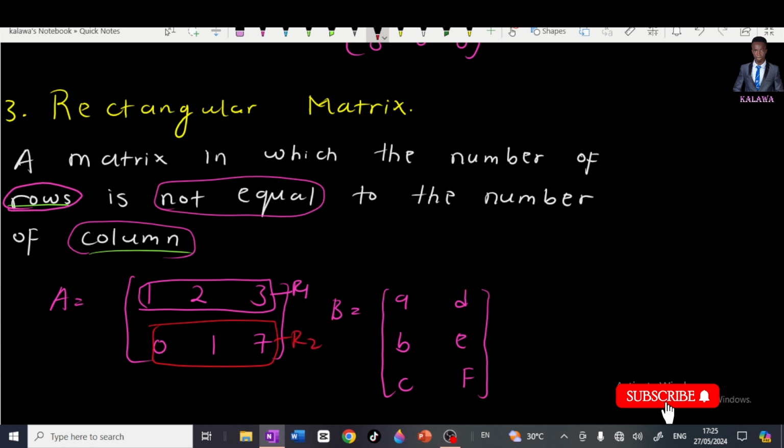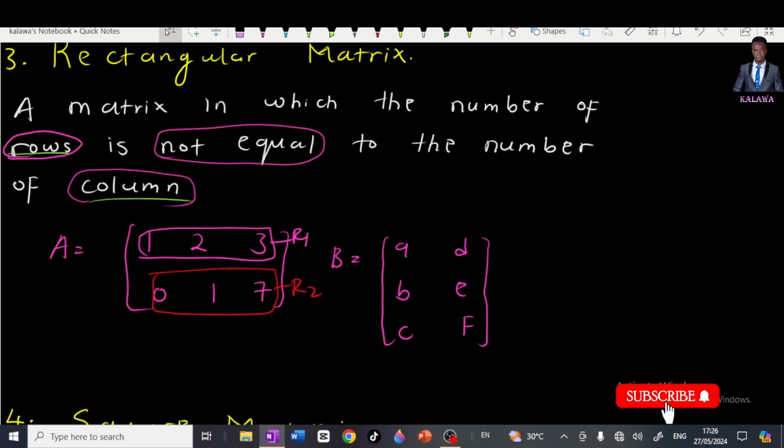This is 2 rows. And remember the form of a matrix: it is always the row multiplied by the column, not the other way around. So we have 2 rows, and let's see how many columns we have. We have 3 columns. 1 and 0 is column 1, 2 and 1 is column 2, and 3, 7 is column 3.